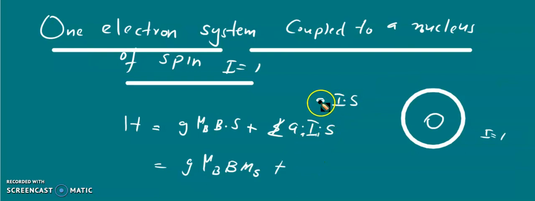The corresponding energy is A I S cos of the angle between I and S. So the angle between I and S is the angle between I and B multiplied by the angle between S and B. So A I S, m_s by S, m_i by I, and S and I cancel, giving A m_i m_s.